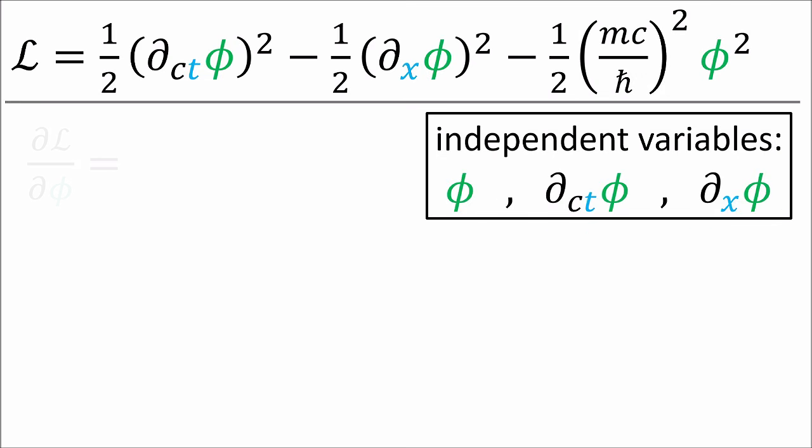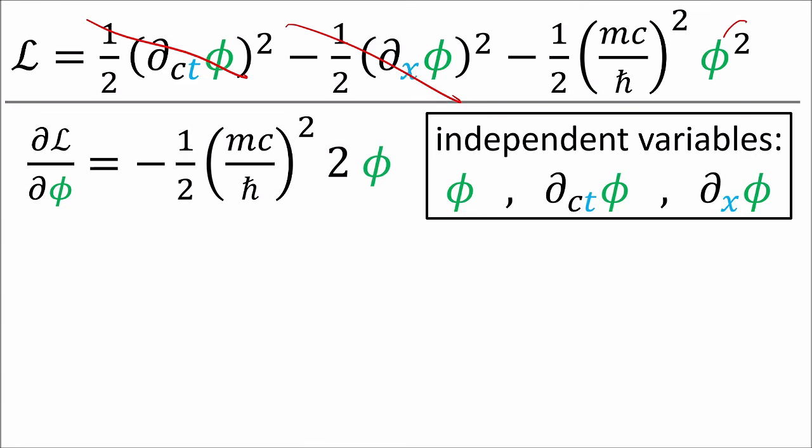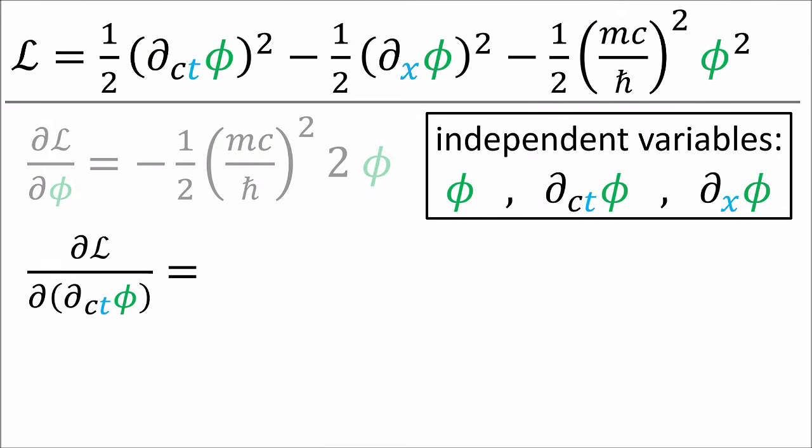So taking the partial derivative with respect to phi, all terms go to 0 except the last one, where the power rule decreases the power by 1 and brings a factor of 2 in front. For taking the derivative with respect to partial ct phi, all terms go to 0 except the first one, and the power rule gives us partial ct phi as a result.